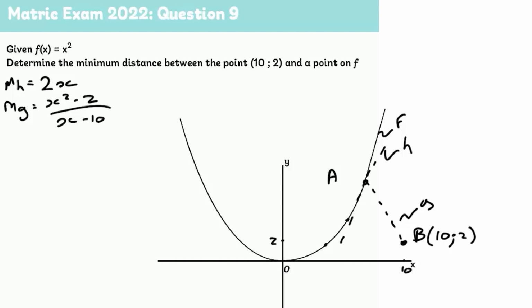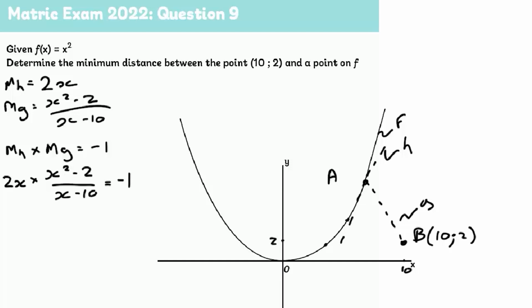What we learned in analytical geometry is that the gradient of h times the gradient of g is equal to minus 1. That would mean 2x times (x squared minus 2) over (x minus 10) is equal to minus 1. Now all we need to do is work this out.